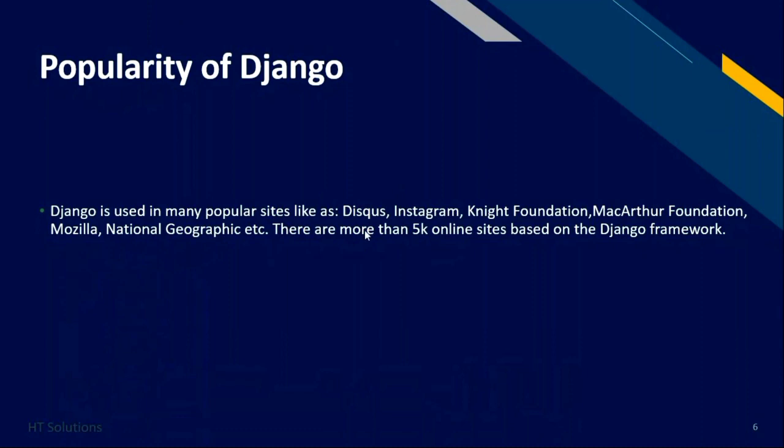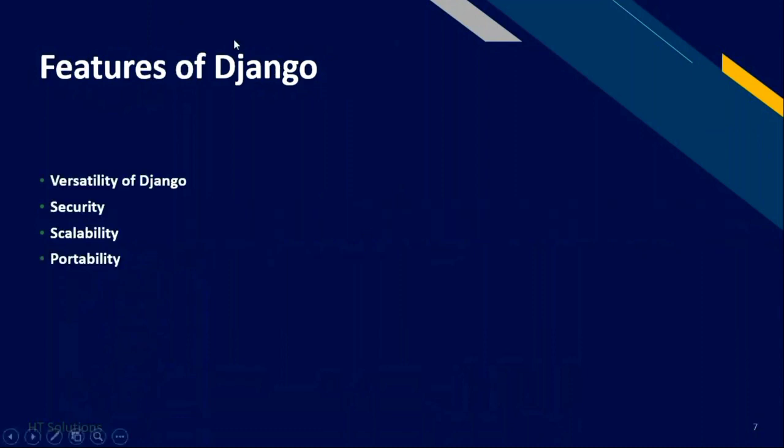So, next is features of Django. What do we mean by features of Django? We have some set of points, like versatility. Django can build almost any type of website.